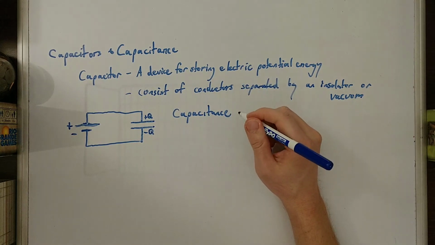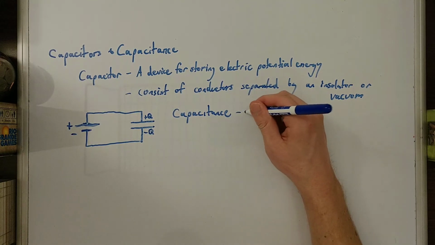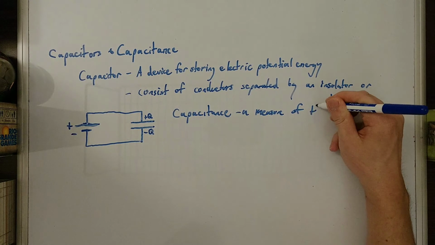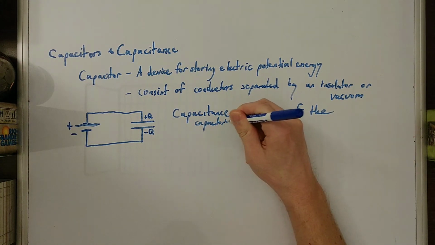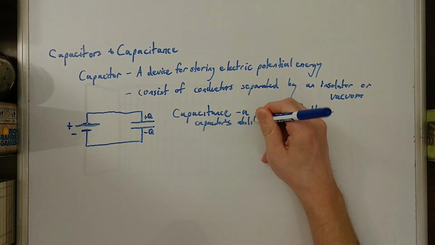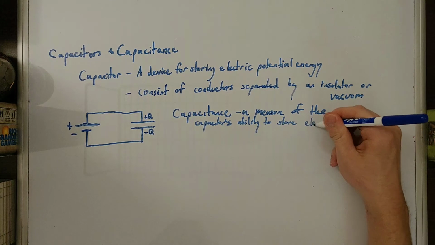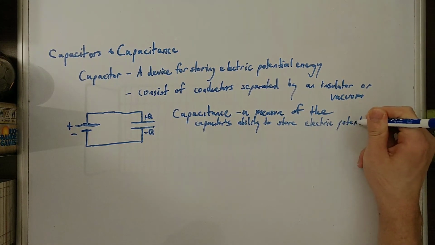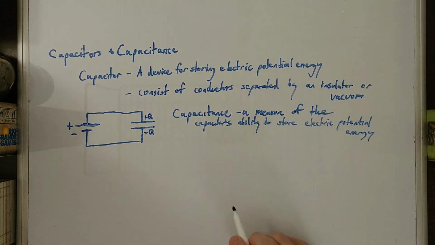And so capacitance is basically a measure of the capacitor's ability to store electric potential energy. All right, so capacitance is a measure of how well it can store.